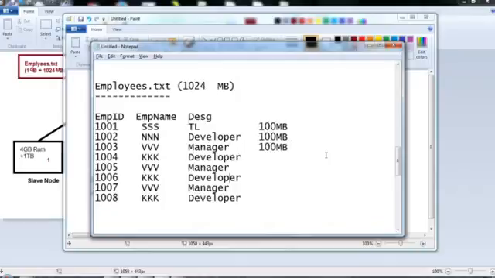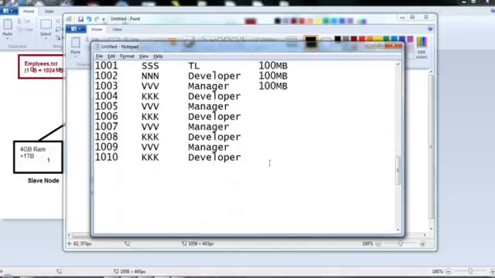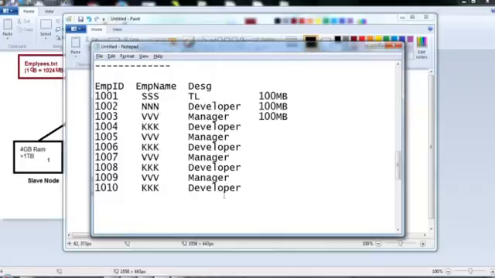Let me copy 2 more. Okay, done. So we have 10 records, each of 100 MB, which makes a total of 1000 MB. Let's say size is almost the same, rounded to 1000 MB. Now each record is of 100 MB. So what will happen?